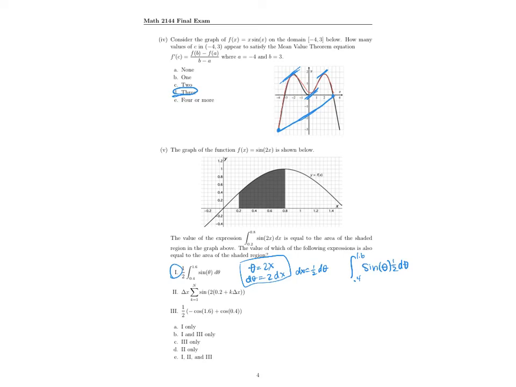Let's see. This one is some sort of Riemann sum. So we have delta x, and we have the sum from 1 to n. So this is actually just a Riemann sum, so it's an approximation with rectangles.